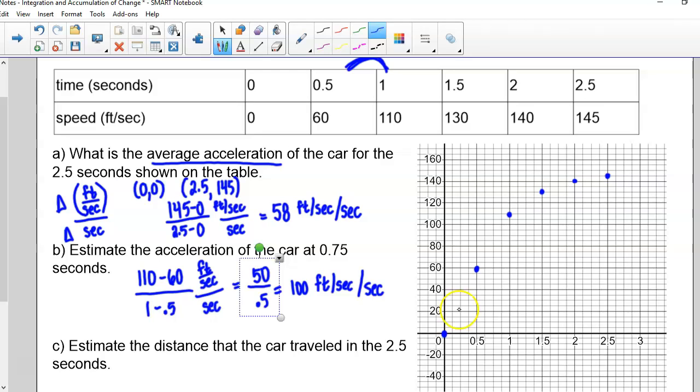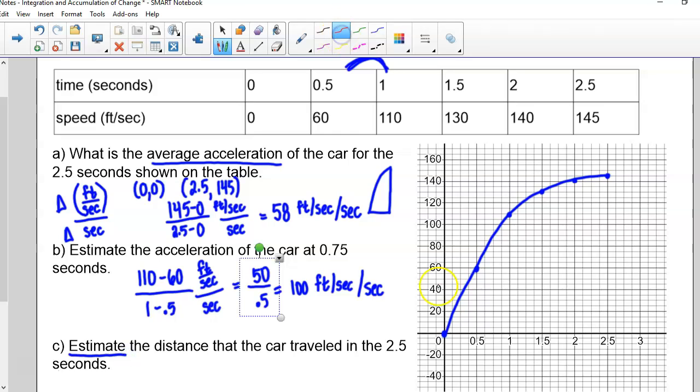So we would have a smooth curve right here, and that's probably what we would see. That would be great, but if it's curved, we don't know how to find the area of a shape that's curved like that, right? So since we can't do that, notice this question does ask us to estimate.